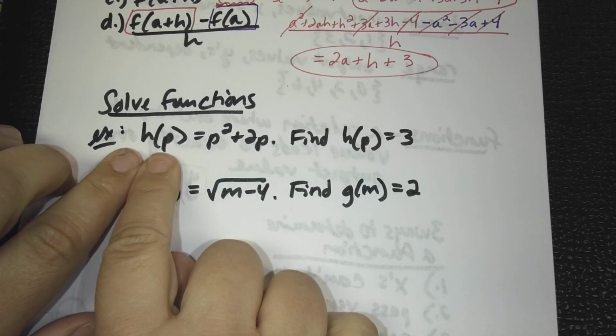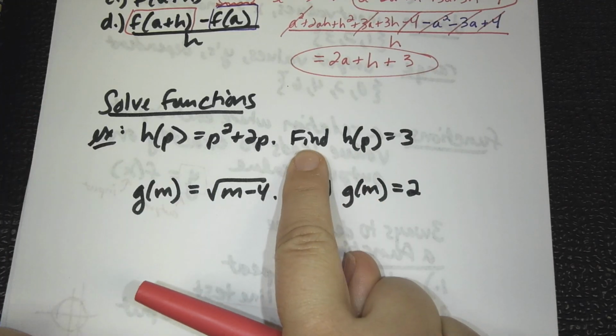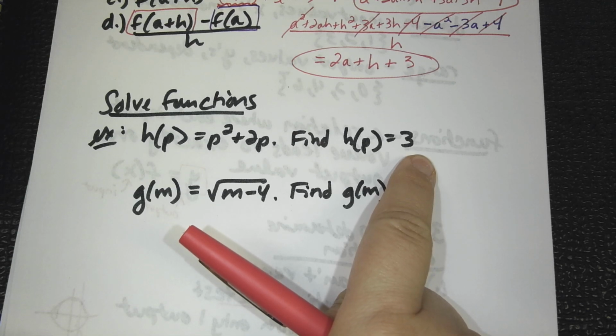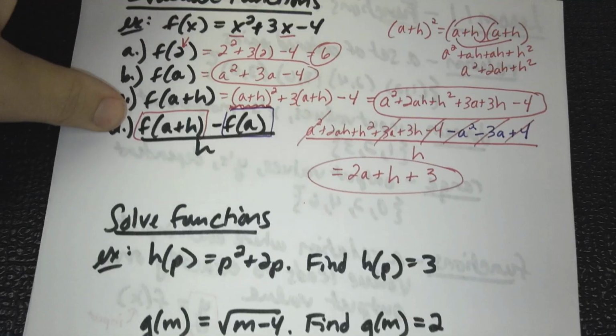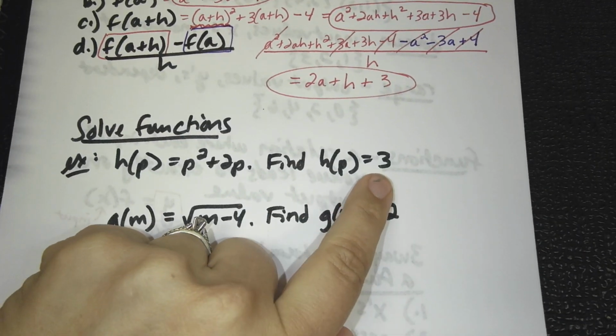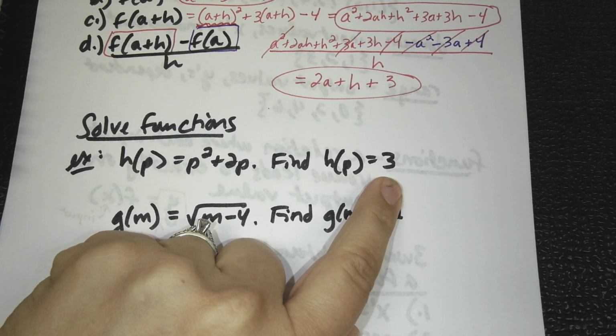So they've given you a function. They've even told you what to do. And then over here they said, okay, well, find what h of p equal to 3 is, okay? Notice it's different. Up here, when the number was next to it, that was your x, right? Well, what did I give you now? I told you what it equals, didn't I?